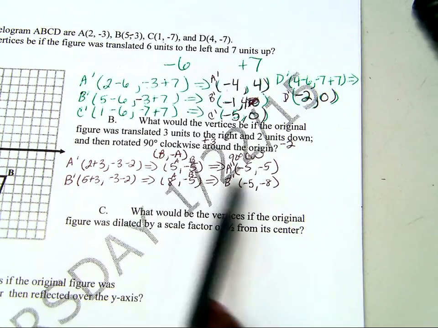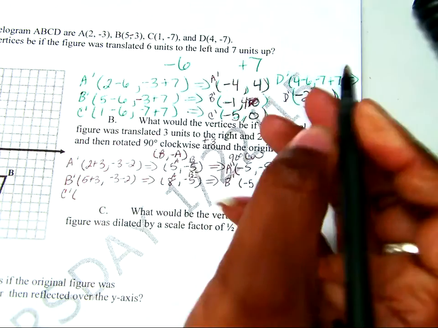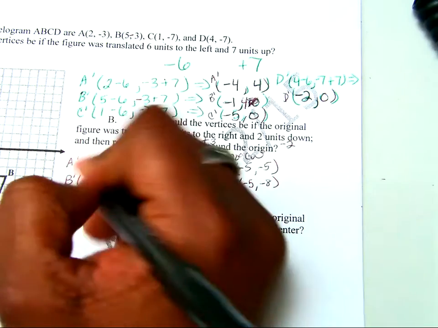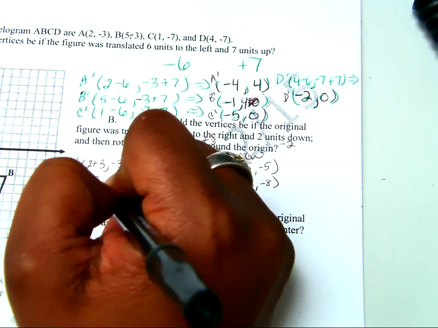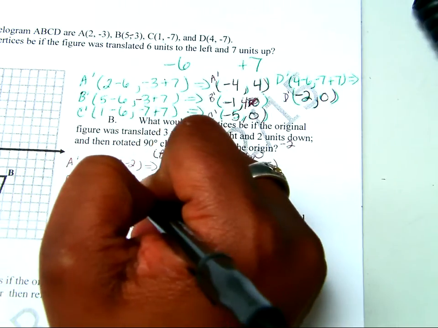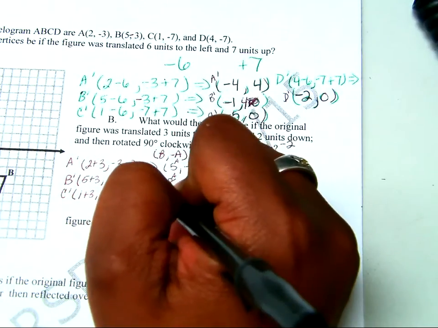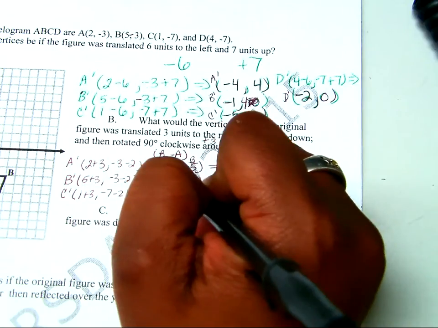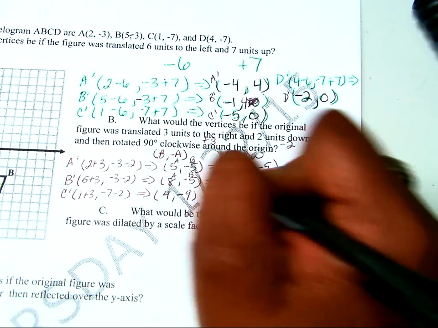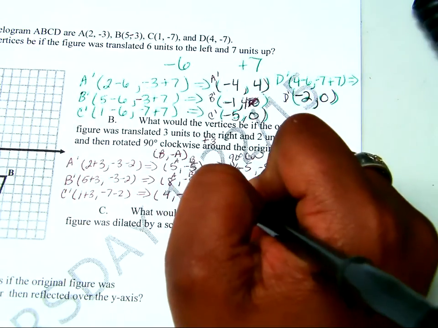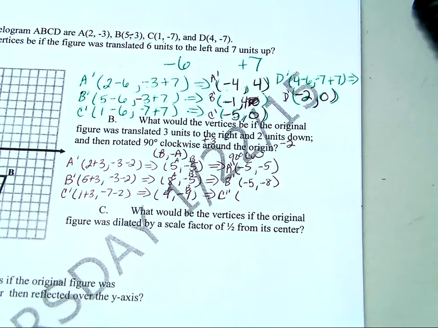C prime, using this information: 1 + 3, comma, -7 - 2. That's going to give me 4, comma, -9. And now I want to rotate it 90 degrees clockwise. This is A, this is B. So -9, comma, -4.